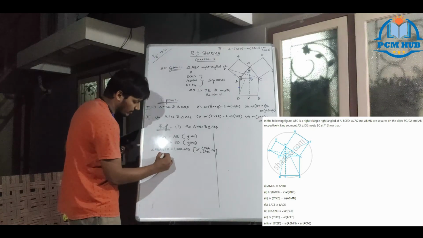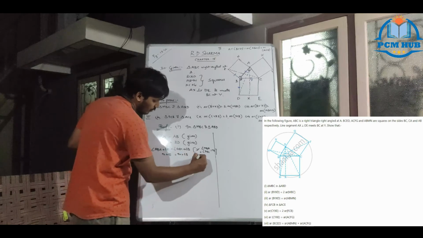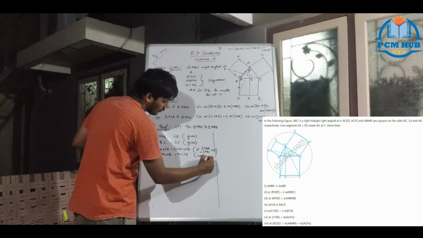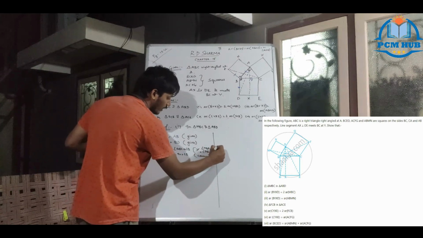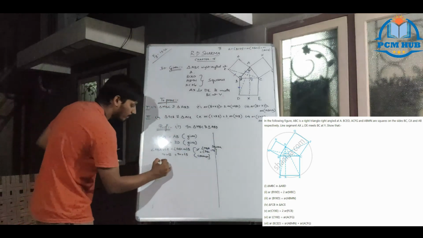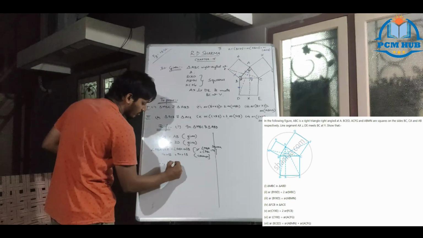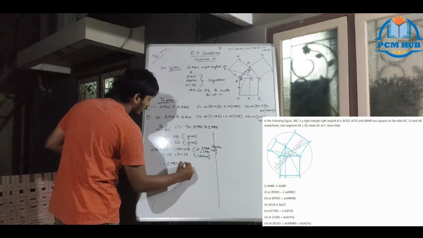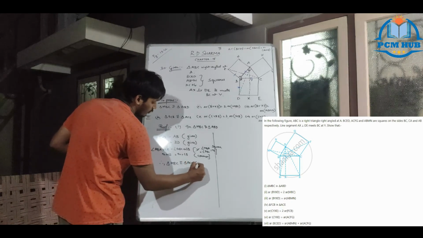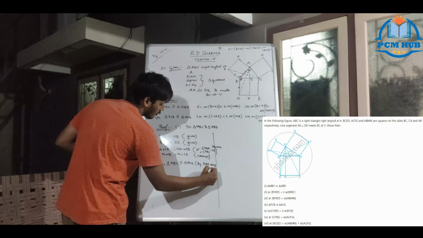So this is 90 plus B equal to 90 plus angle B, common. This is due to the square. Therefore, triangle MBC is congruent to triangle ACE, by the SAS congruence rule.